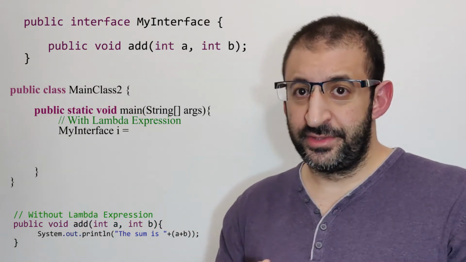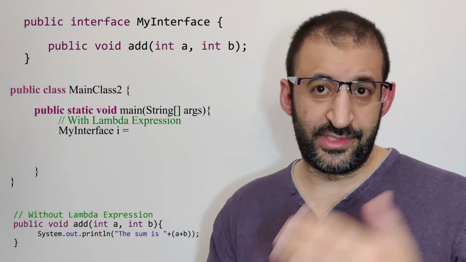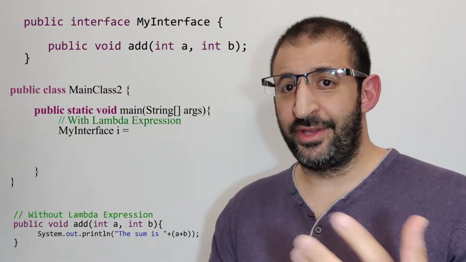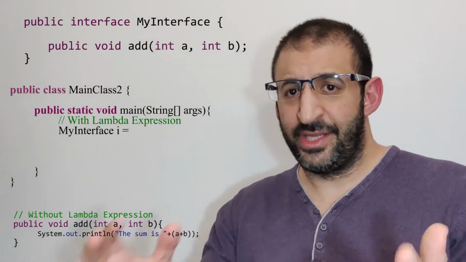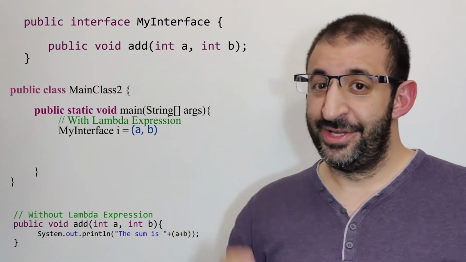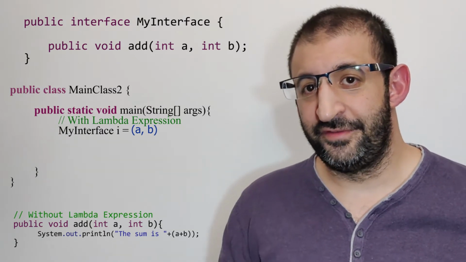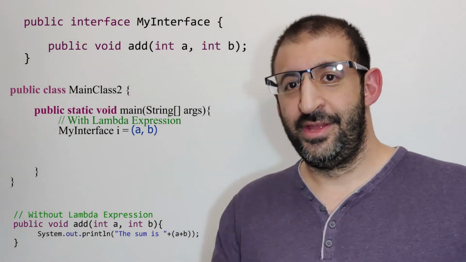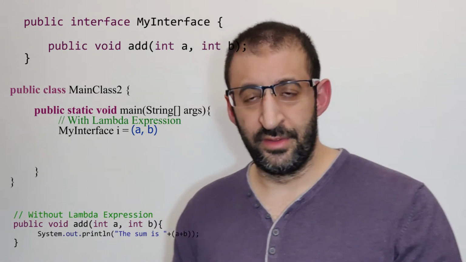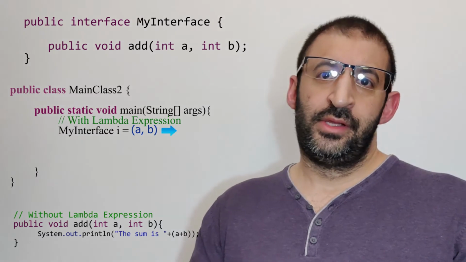So I have the two parameters with the same type. As I said before, when it is the case, the compiler guesses automatically, based on context, the type of these parameters. So you can remove the type of these parameters. Okay, so we have between parentheses A and B. Okay, after this the simple arrow.